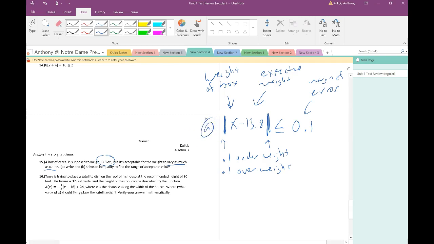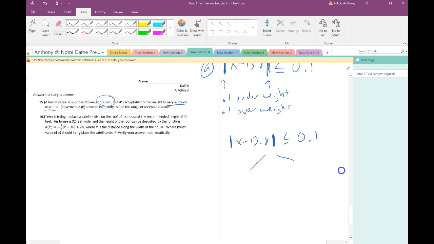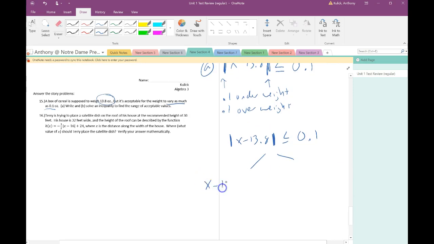I just wrote some notes explaining how I got the different parts of it, kind of what the inequality is saying. To solve this should be pretty easy though. The first step is that I want to get the absolute value part by itself. Well, that's already done, right? So then I split my absolute value inequality into two pieces.